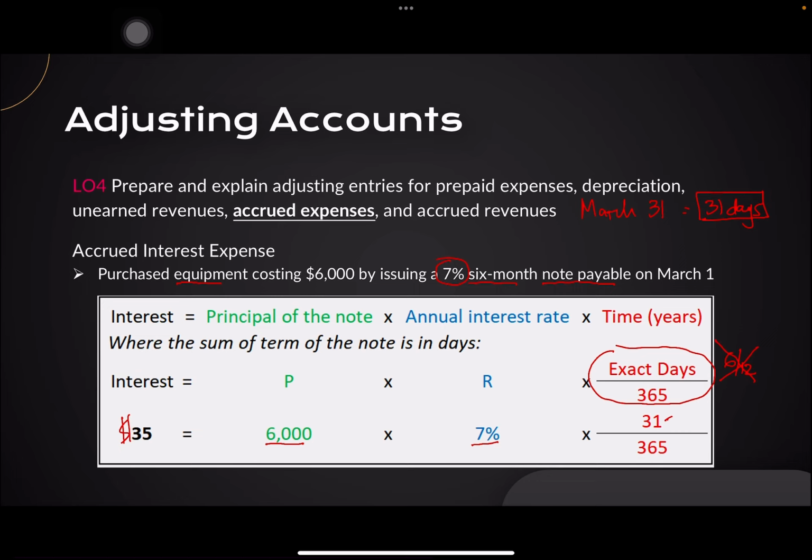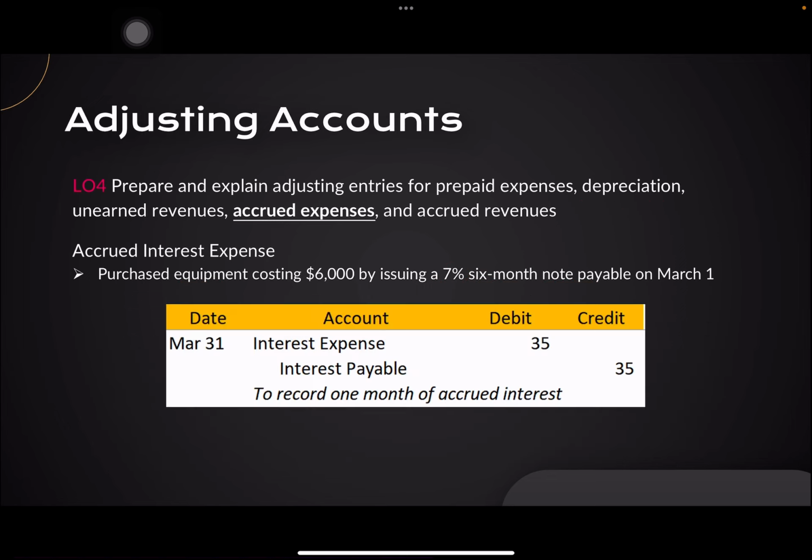And this interest expense, you would need to pay it in the future. That's why we will set up a liability account for this one. And now we should perform a journal entry or adjusting entry to formally document the adjustment.